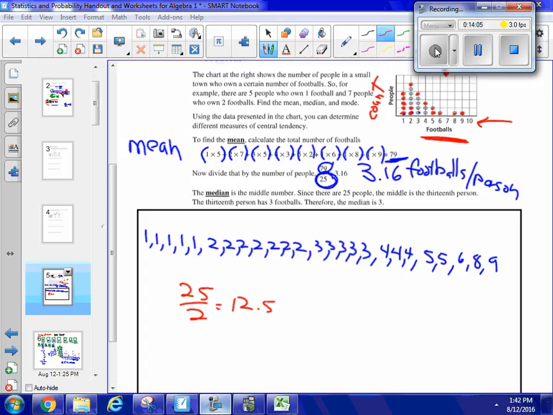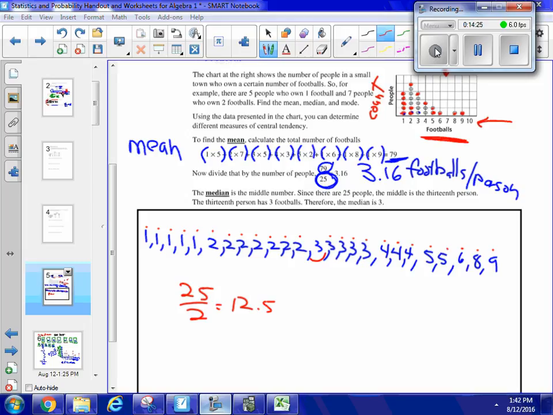I can count 12 in from this side too. 1, 2, 3, 4, 5, 6, 7, 8, 9, 10, 11, 12. My median is this one that is right in the middle. That is the 3.